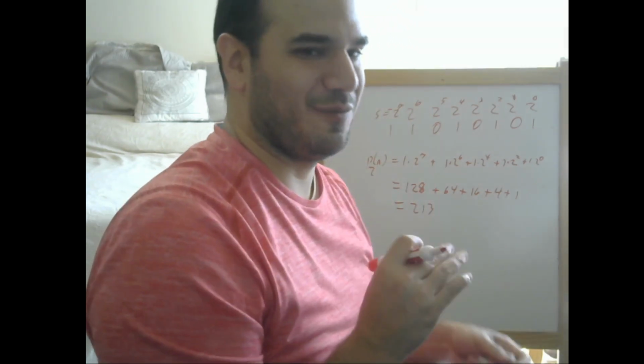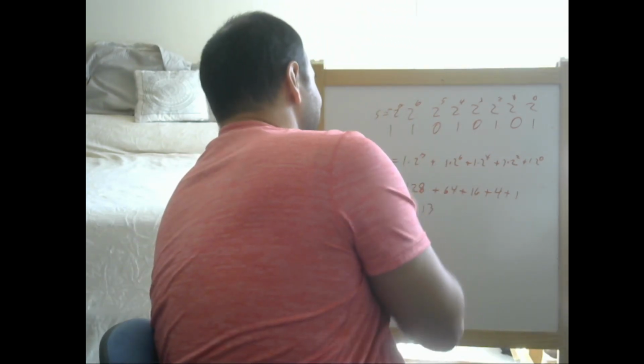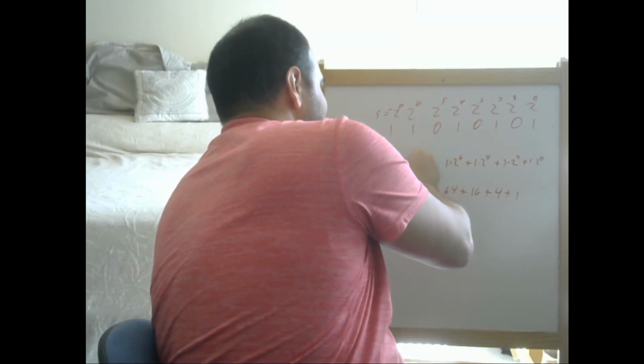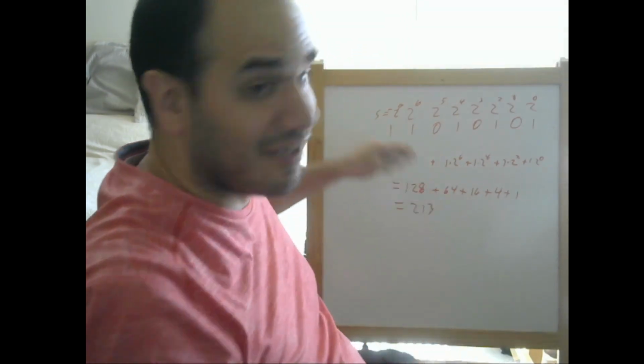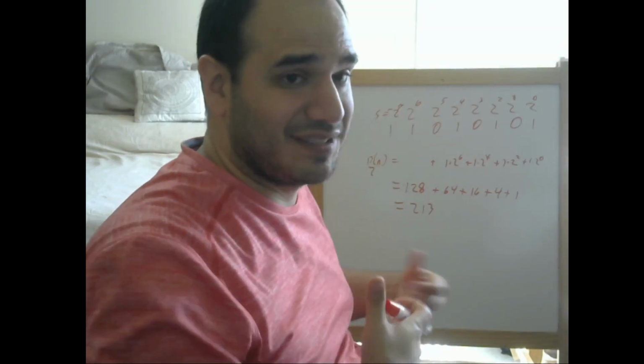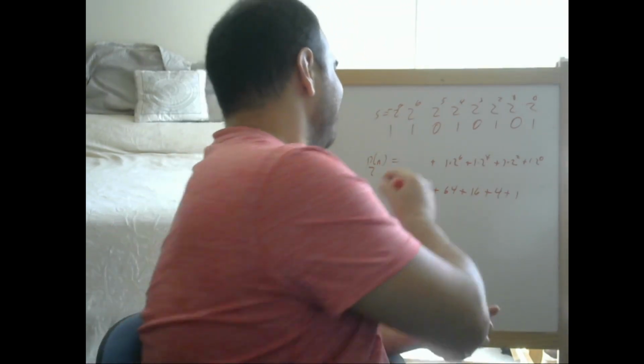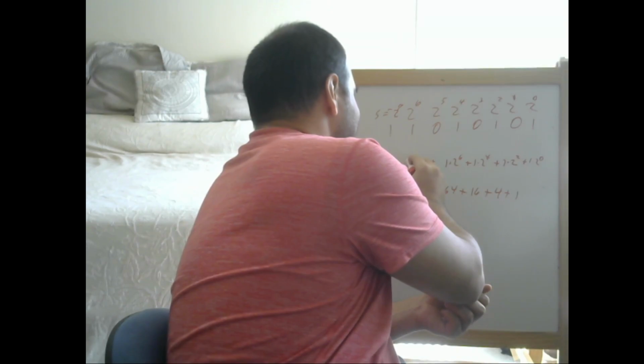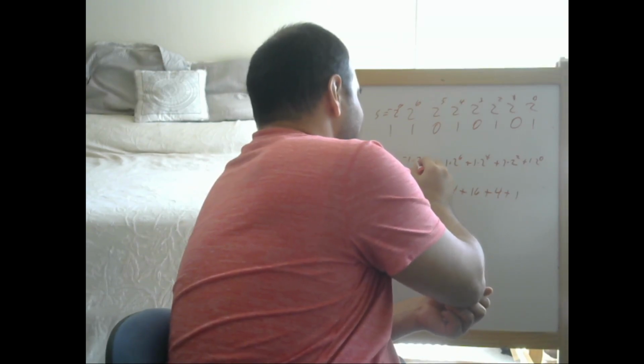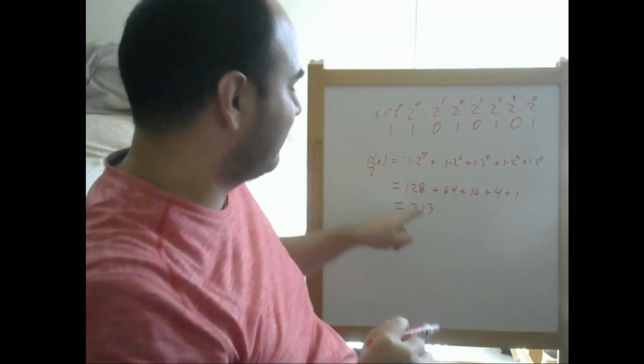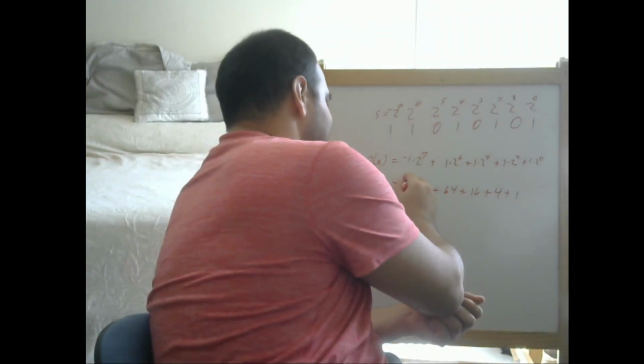We use 2's complement arithmetic, and it works like this. So now this signed character, this signed byte, has 2 to the 7, so that becomes negative 128.